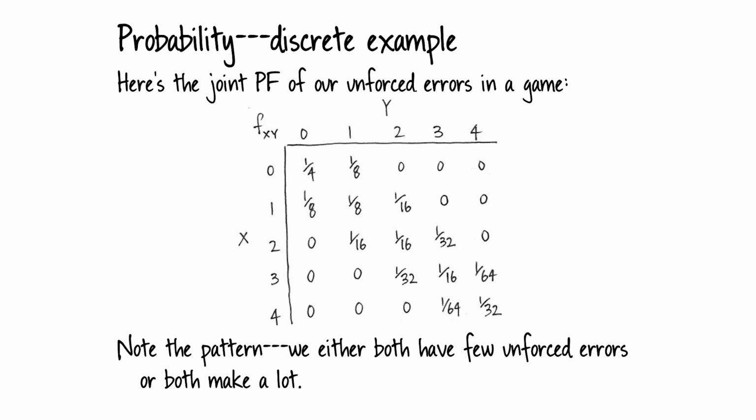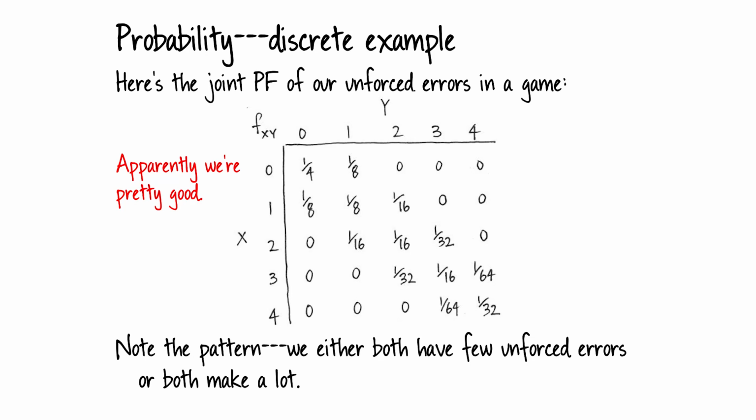And what we see is there's a concentration of probability around this axis where X and Y have similar values. And very little probability here and very little probability up there. Actually 0, the way I've drawn it. Okay? Does that make sense? Okay, and apparently because we don't hit that many unforced errors, we're pretty good.